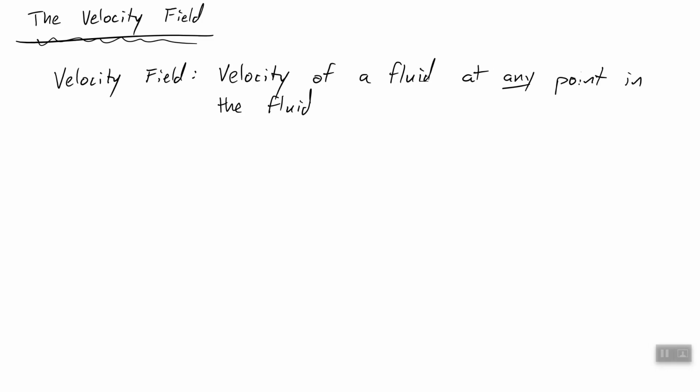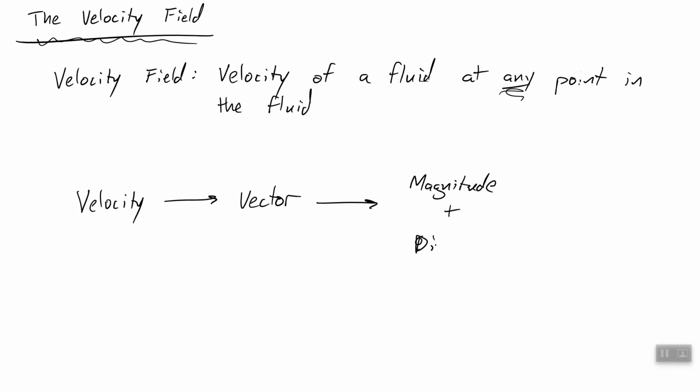Okay, so we know the velocity of our fluid at a specific point. So if the fluid at this exact point is moving in this direction, and we know it for any point in the fluid. Okay, before we draw it, you will recall that velocity is a vector, which means it has magnitude and direction.